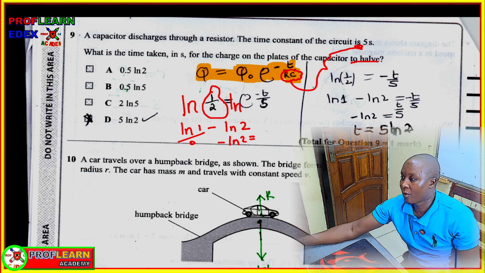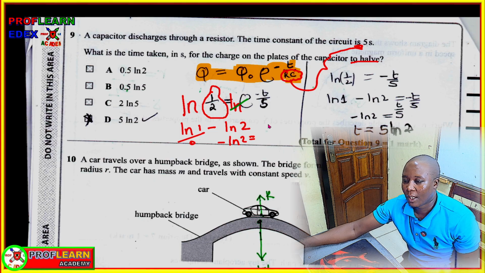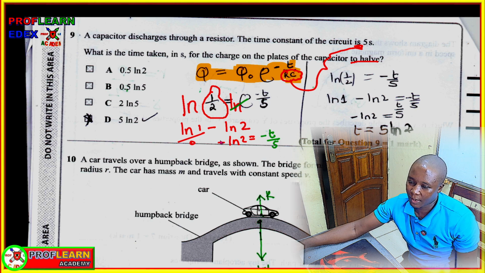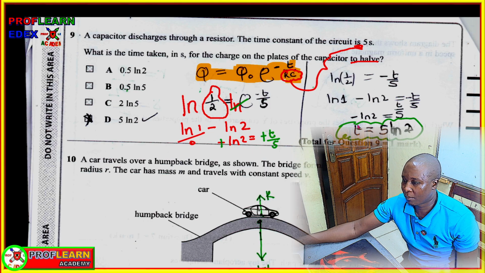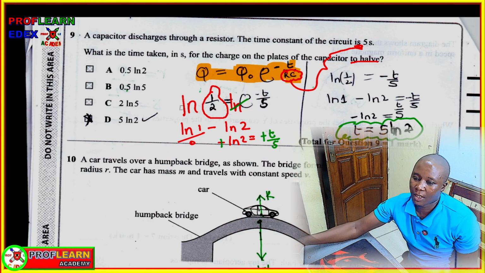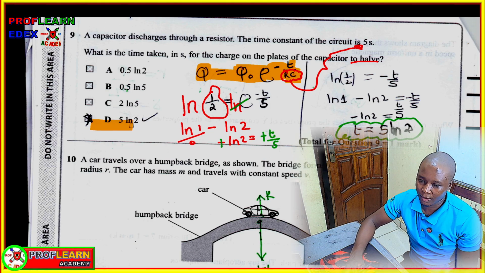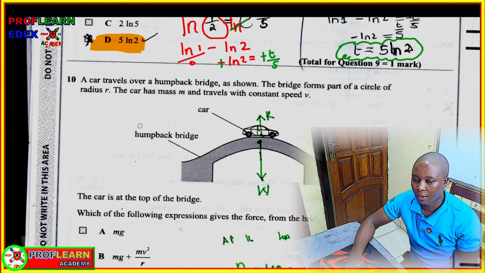You need to remember from pure math that ln of e is going to cancel out, so we get a 1 there, and we finally have negative t over 5. So basically the negatives cancel, and we shall remain with t equals 5 ln 2. That is why we have this part here, and that now becomes the expression that they wanted us to show.